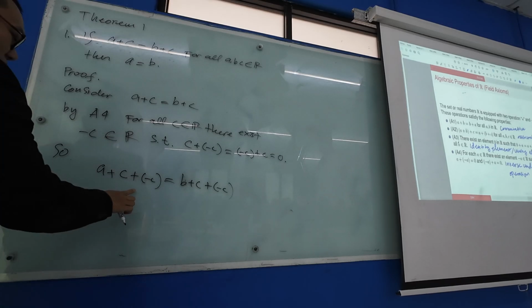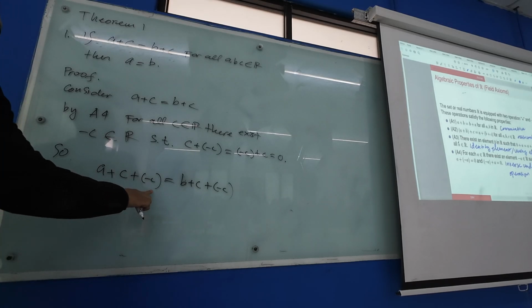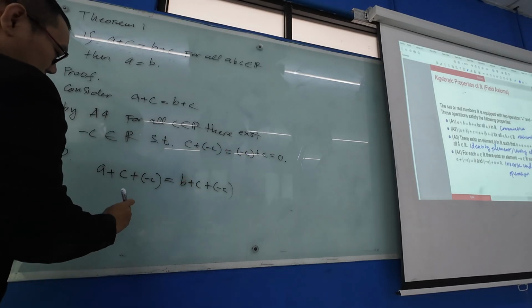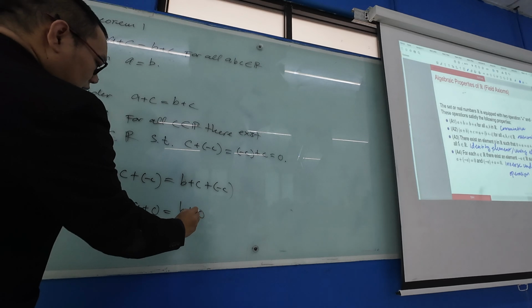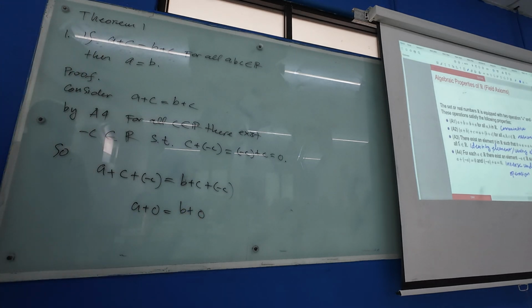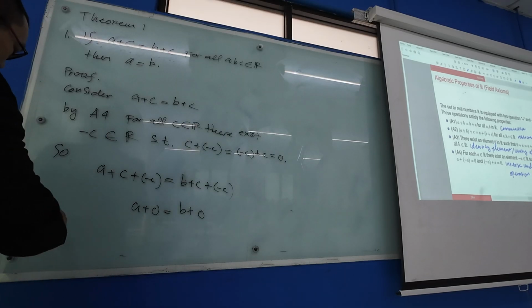So what does it mean? Again, by axiom number 4, C plus minus C is 0. This one, A plus 0 equals. Is it finished yet? So what is A plus 0?